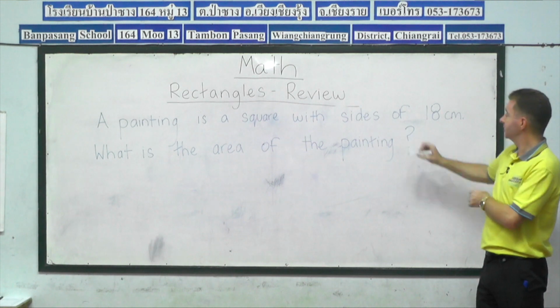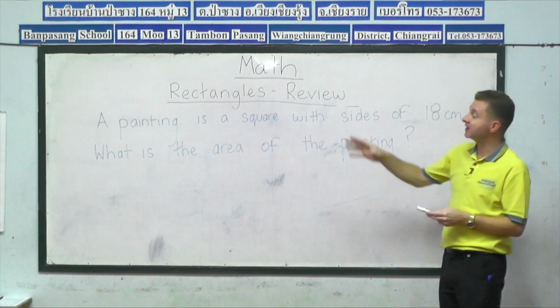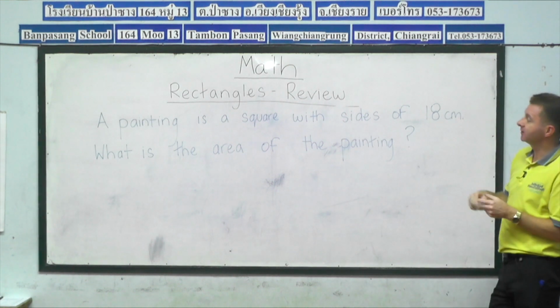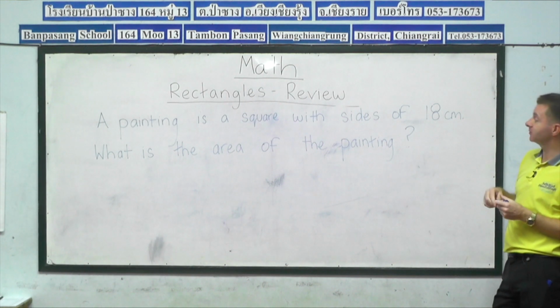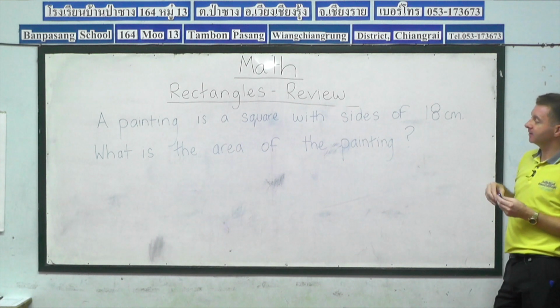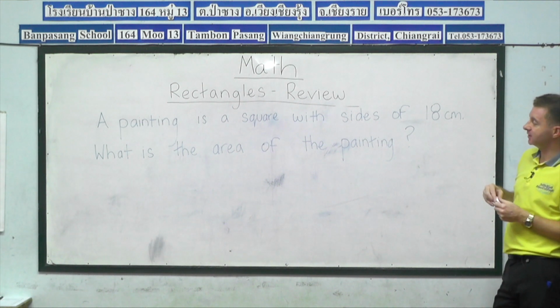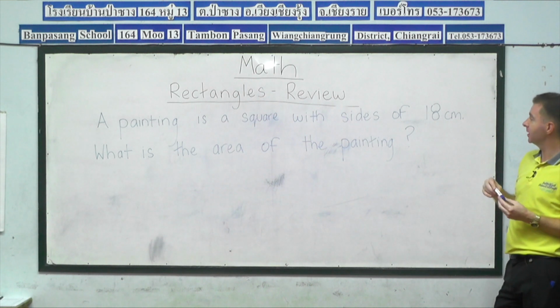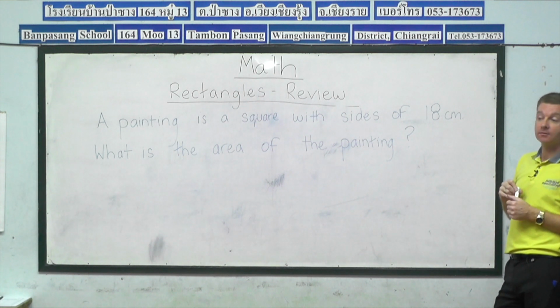Question mark. So let's say it all together, guys. A painting is a square with sides of 18 centimeters. What is the area of the painting?